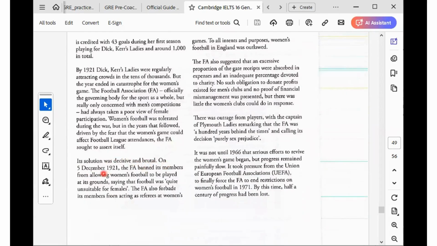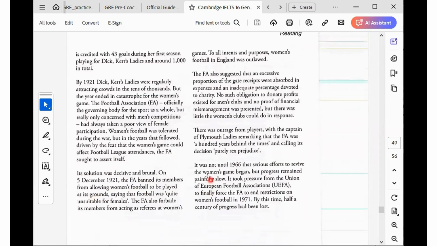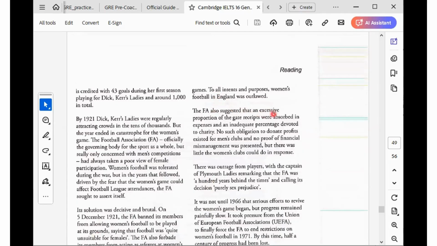On December 5, 1921, the FA banned its members from allowing women's football to be played on its grounds. The FA also suggested that an excessive proportion of gate receipts were absorbed in expenses and an inadequate percentage devoted to charity. No such obligation to donate profits existed for men's clubs and no proof of financial mismanagement was presented. But there was little the women's clubs could do in response.